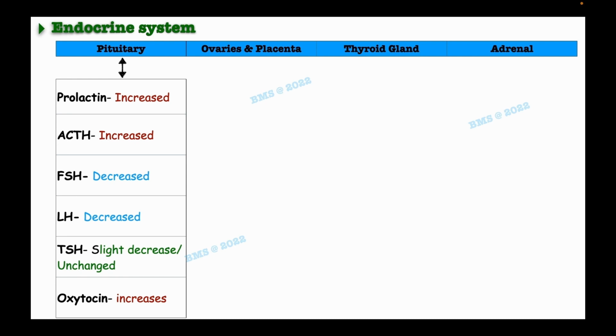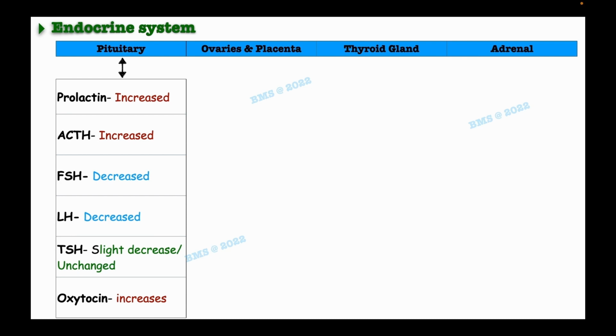And also it leads to greater concentration of glucose available in the maternal bloodstream for fetal consumption. Now, when we look at follicle stimulating hormone and luteinizing hormone as well as the thyroid stimulating hormone, we realize that their function decreases because their role in pregnancy is quite limited.